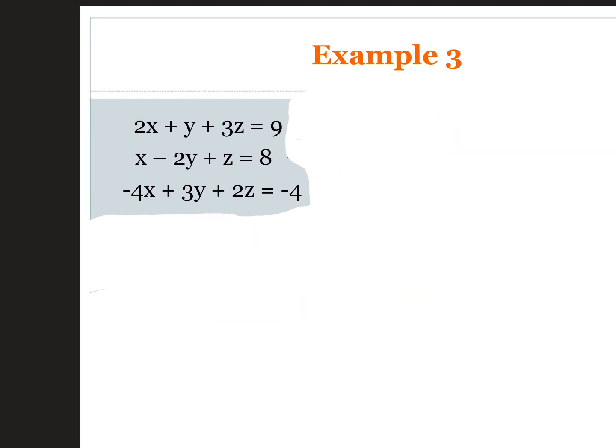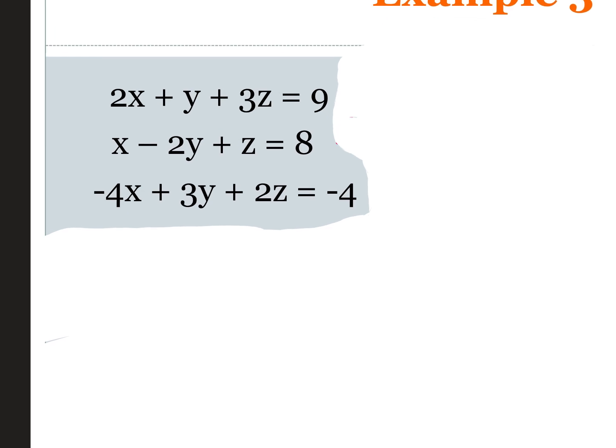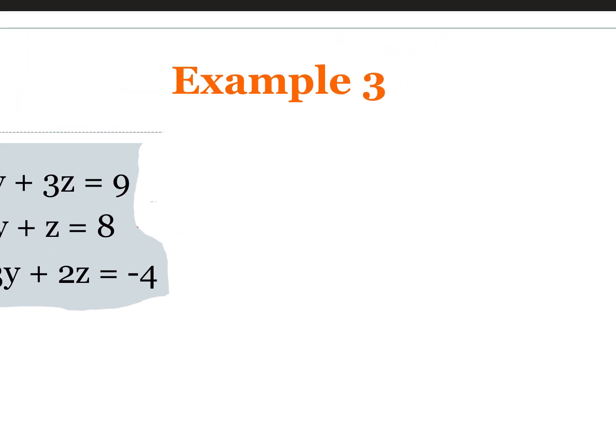All right, so let's get in order here. First of all, are all my x's first, my y's second, my z's third, and then a constant? Yes? Okay. Do I have my first equation as a positive 1x? No. Is there an equation that I could move to the top? Yes. So I'm going to go ahead and do that.